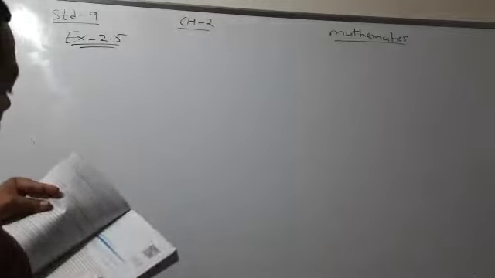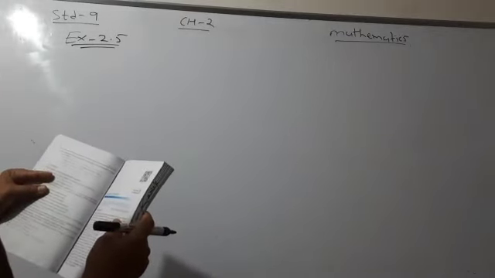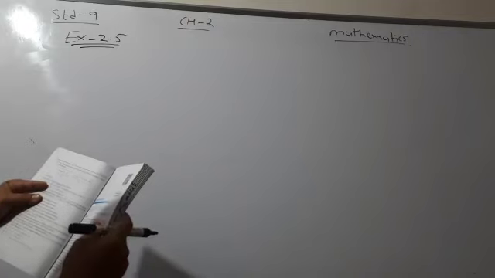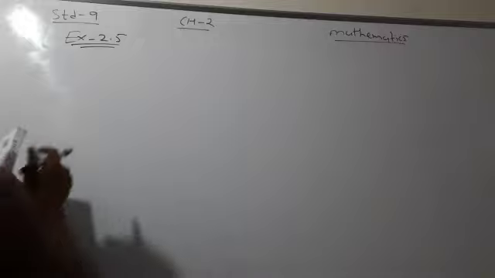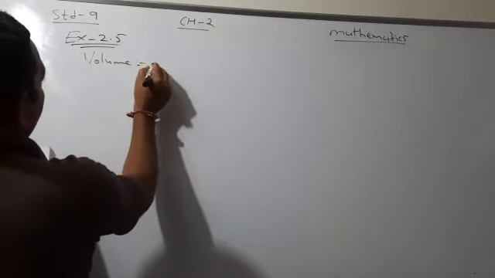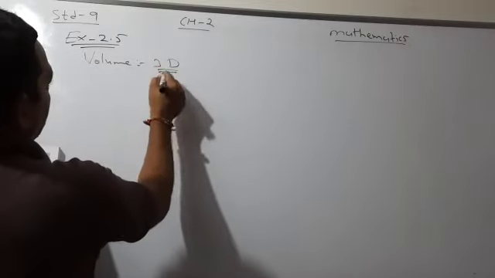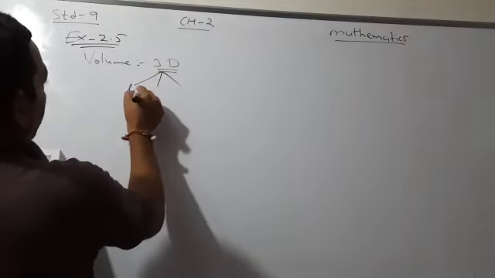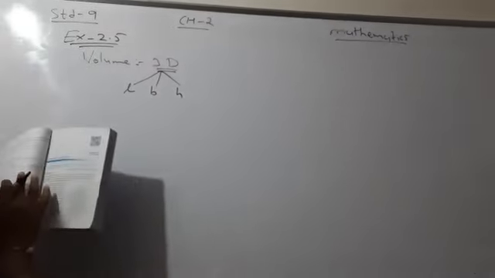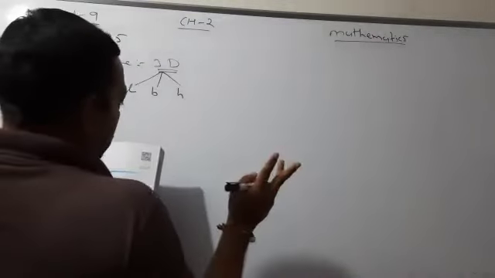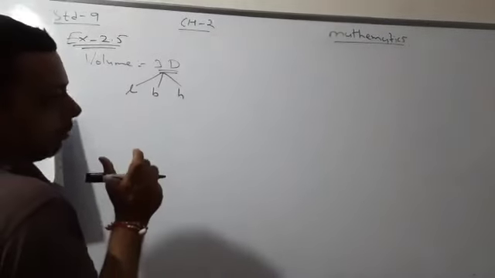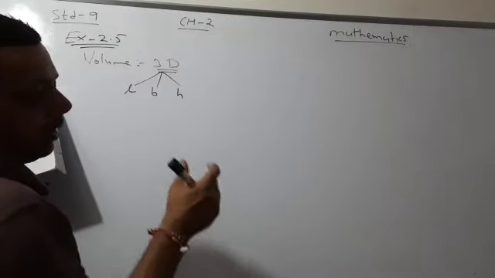See the 16th question. What are the possible expressions for the dimensions of the cuboids whose volumes are given below? Again, this is a question of volume. Volume means 3 dimensions: length, width and height. So whatever is given, we have to express in 3 terms, a product of 3 terms, as previously in question number 15 we expressed them in 2 brackets like 5a minus 3, 5a minus 4.